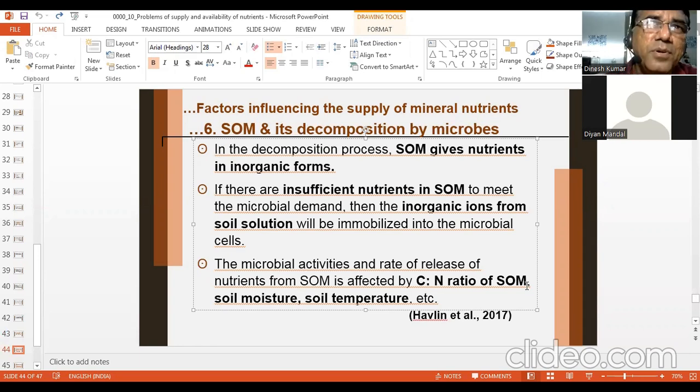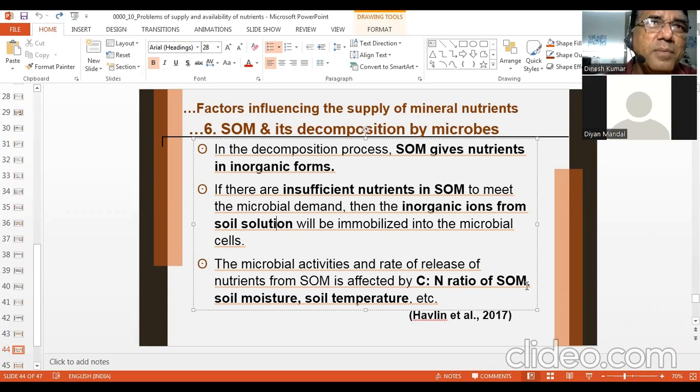So it depends upon the CN ratio of the organic material. In different books and papers this information differs. In some cases I have seen less than 30 CN ratio means mineralization, and more than 30 means immobilization. In other cases I have seen less than 24, more than 24.